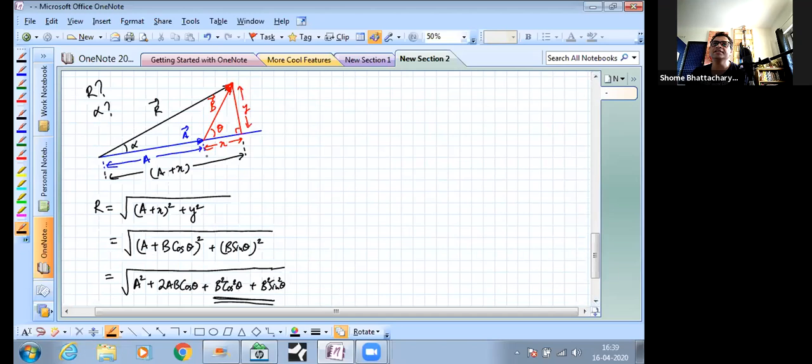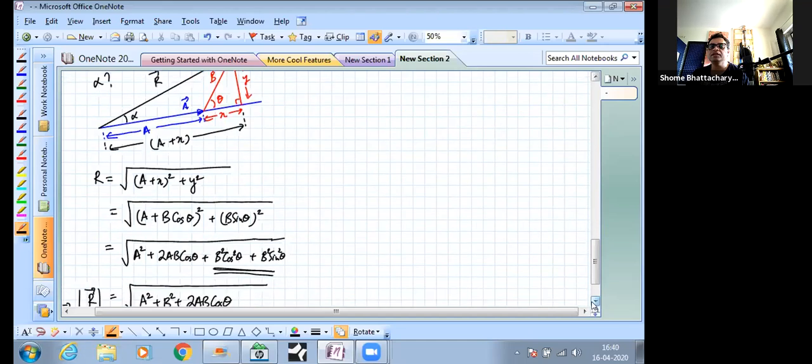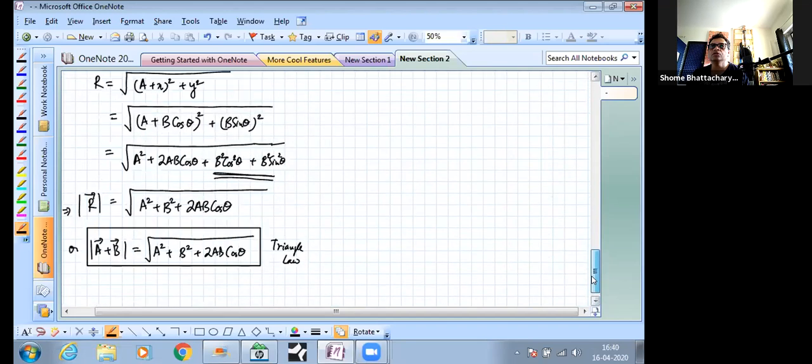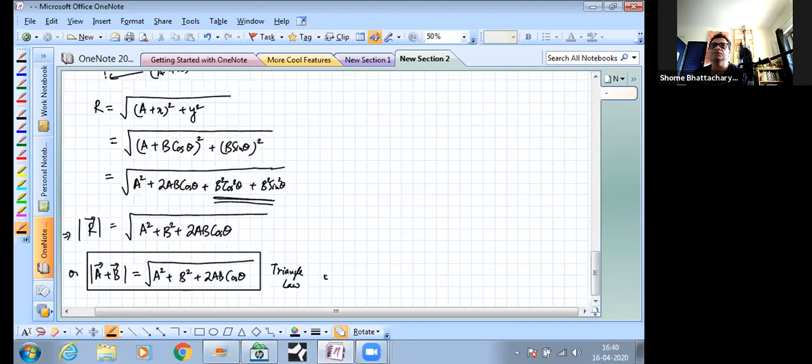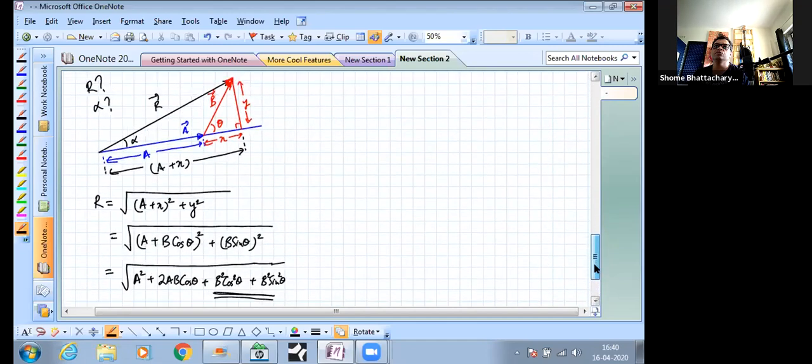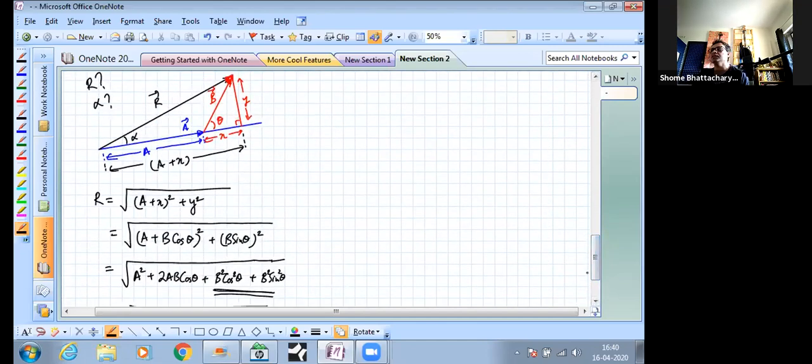So for the larger triangle, you can see the base becomes a plus x, the perpendicular becomes y, and just by using Pythagoras theorem, the hypotenuse is the square root of the square of the base plus the square of the perpendicular. So doing that algebra, we come to our final step where the magnitude of the resultant becomes this particular quantity. From this point onwards, this formula becomes important for us. I'll just keep this here for a moment and then take it down so you can understand the steps.